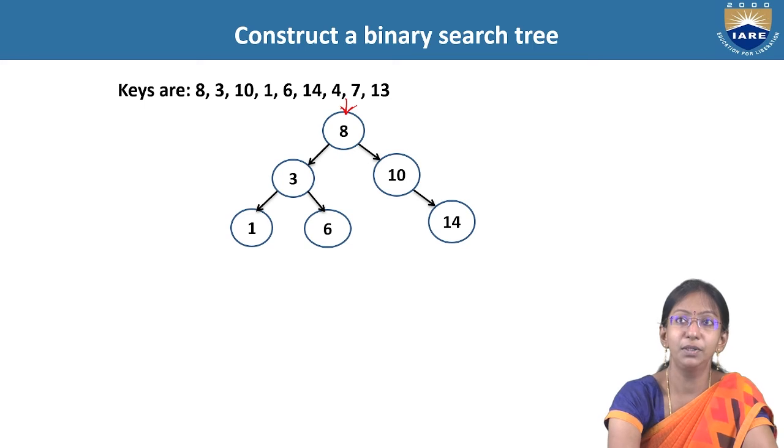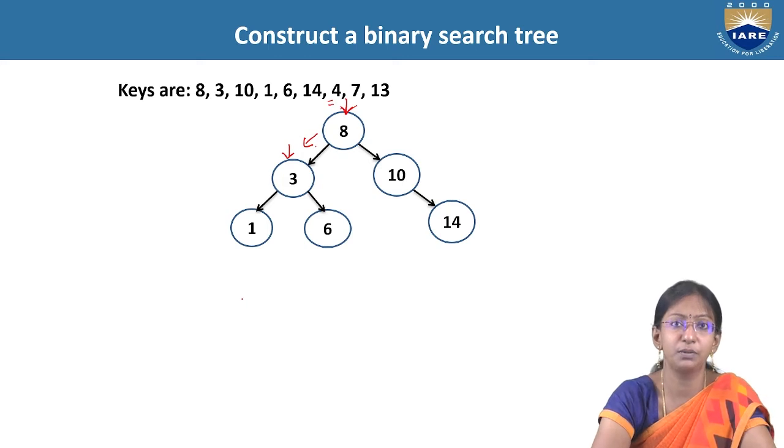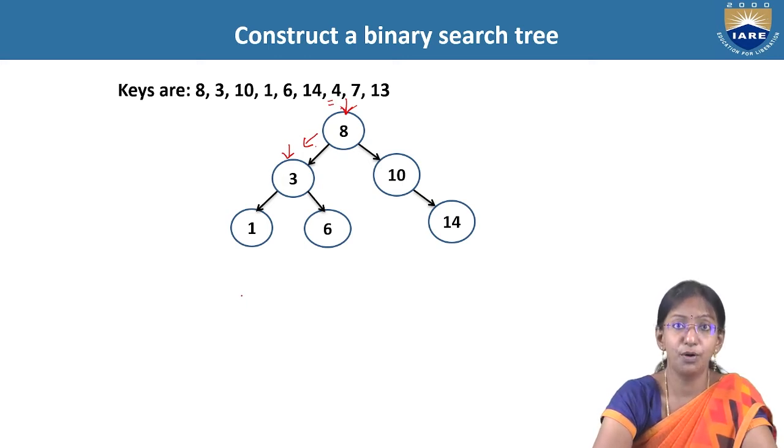Okay. Next element to be considered is 4. Right? Compare it with the root node, which is 8. Once I compare it with the root, I can understand that it is smaller. So I have to travel towards left. In the left subtree, the element 3 is present because the left subtree of 8 is headed by 3. Compare it. You can clearly see that 4 is greater than 3. So travel towards right.